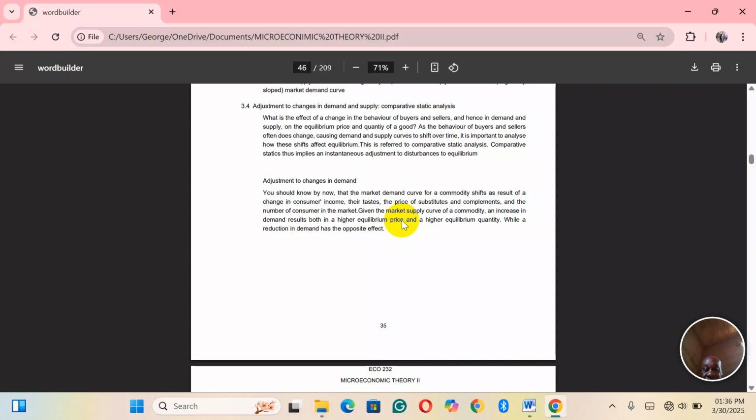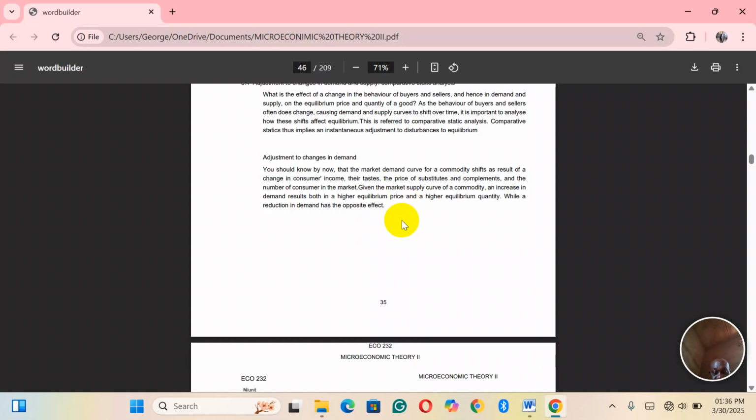Given the market supply curve of a commodity, an increase in demand results in both a higher equilibrium price and a higher equilibrium quantity, while a reduction in demand has the opposite effect.